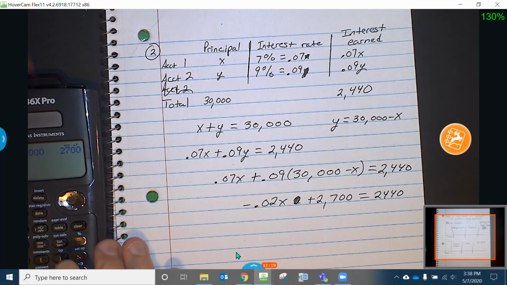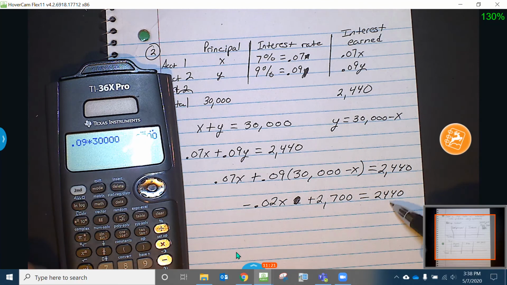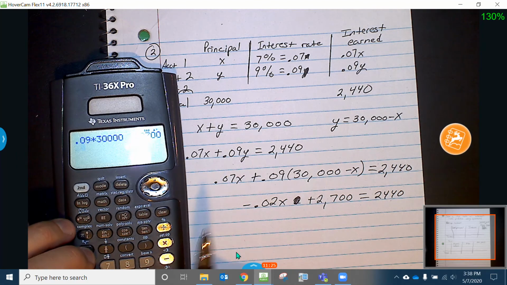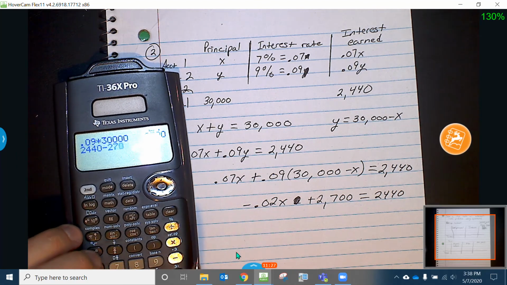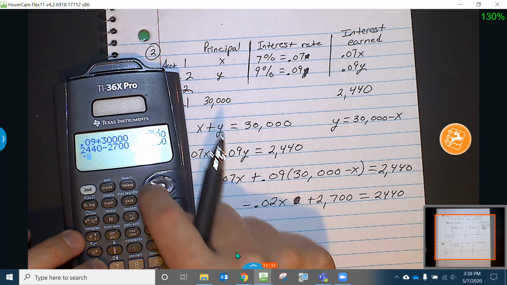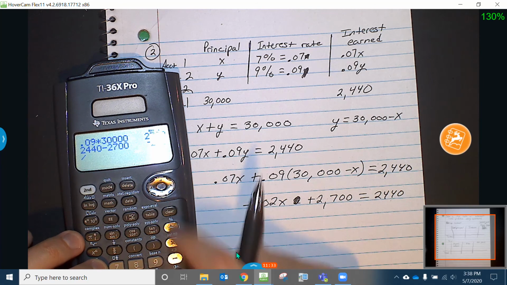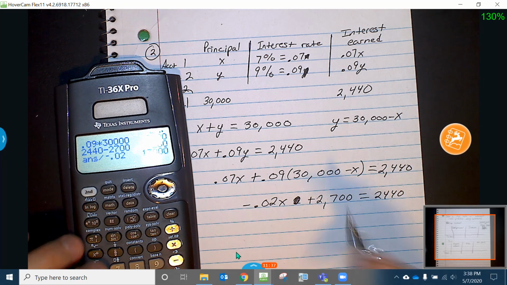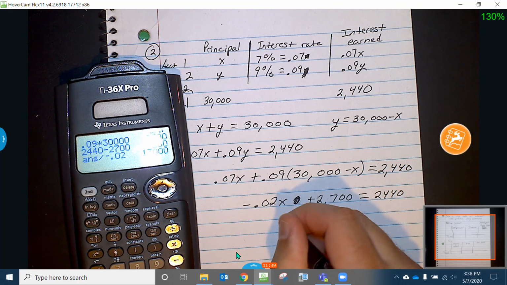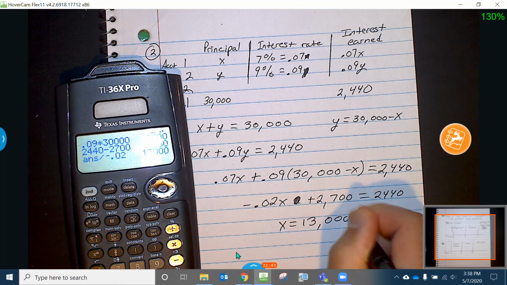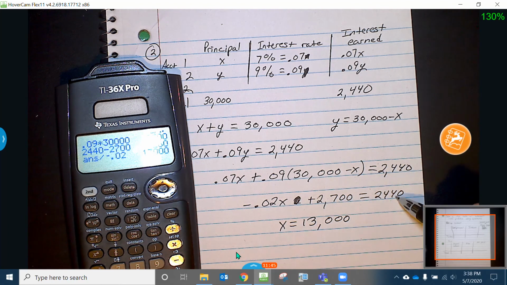Okay, we're going to solve this. We're going to do 2,440 minus 2,700, and then divide by the negative 0.02. And for x, we ended up with 13,000. So I subtracted 2,700 from both sides, divided by negative 0.02.